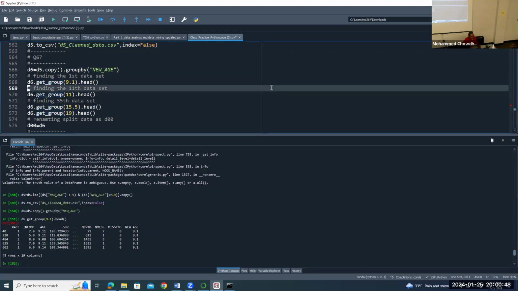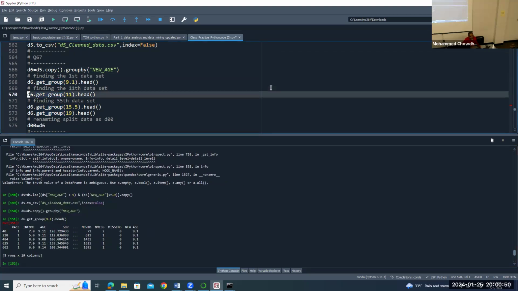This is the data corresponding to 9.1. Remember, 566 is splitting the entire data. D5 is the entire data, which I split by the age variable. So now D6, age 9.1, I got a data. Are you seeing new age written 9.1?